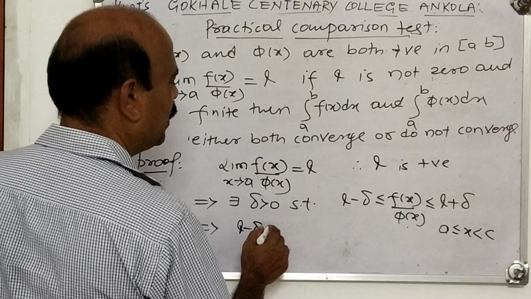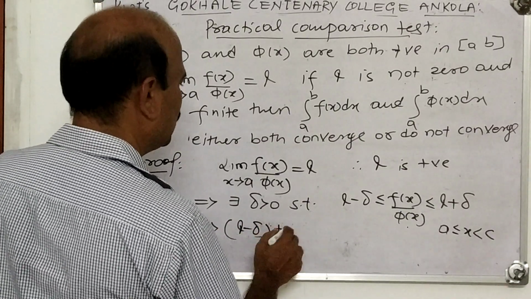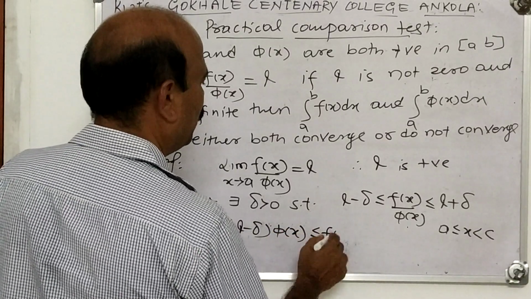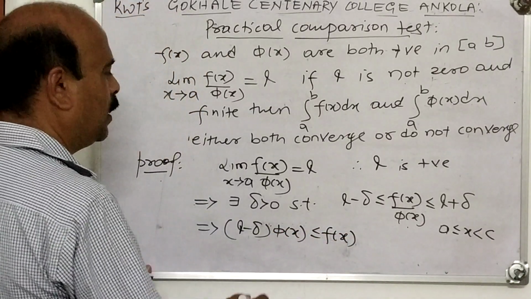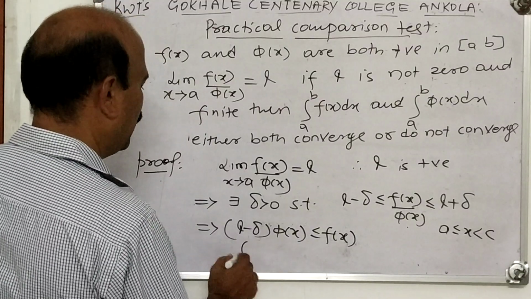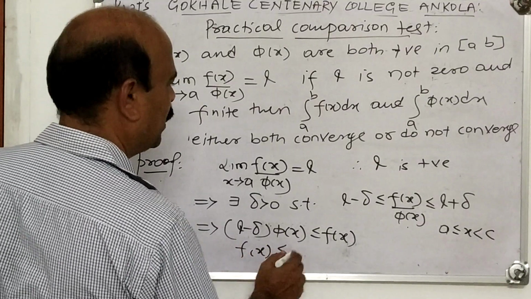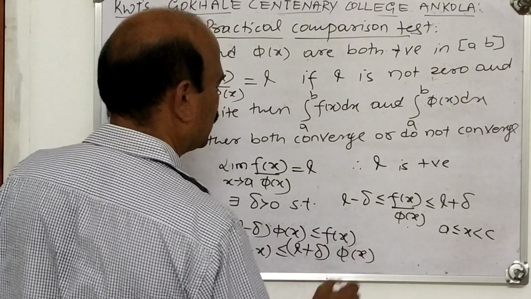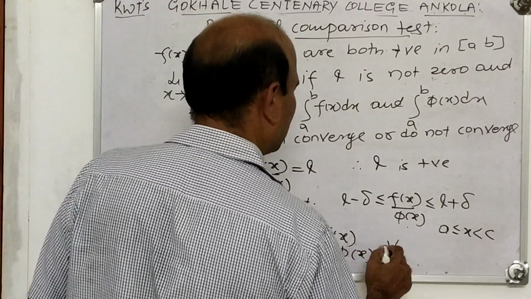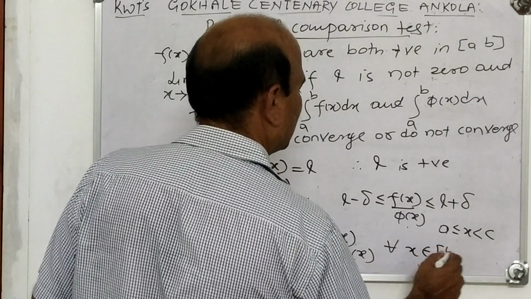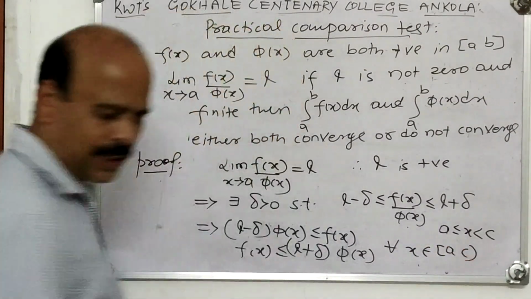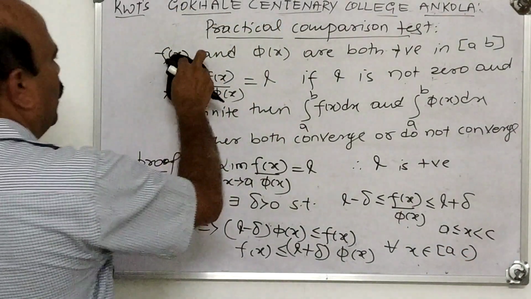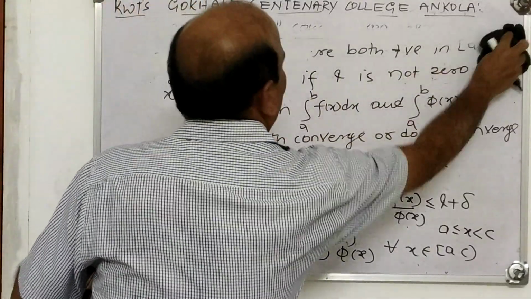(L minus δ) times φ(x) is less than or equal to f(x), and f(x) is less than or equal to (L plus δ) times φ(x), for all x belonging to [a, c). I think this step is clear for all of you.